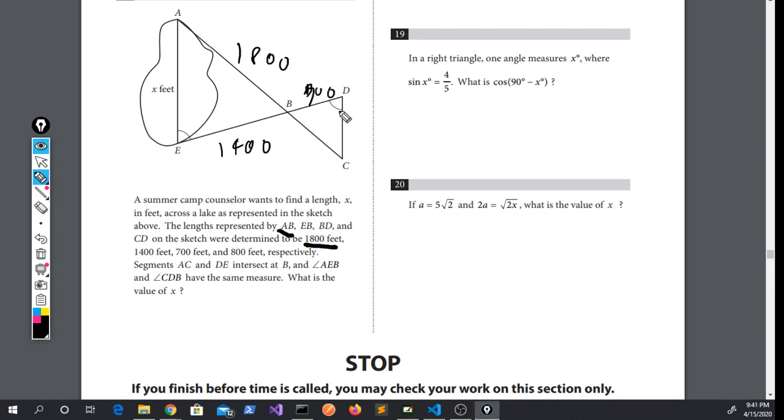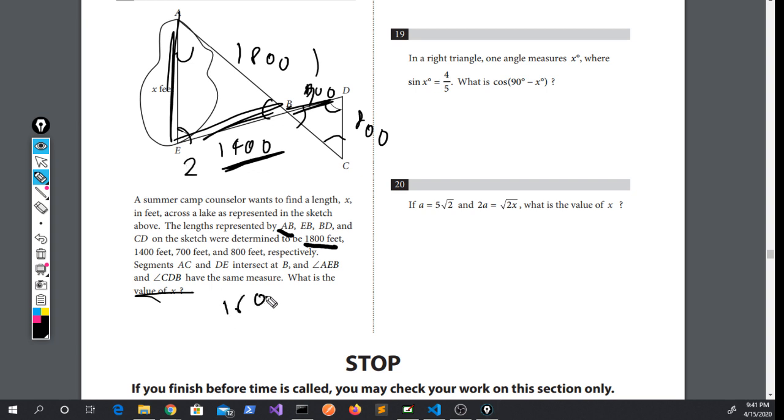CD is 800, and then what is it asking for? The value of x, this one, right? So this has the same angle, this has the same angle, then obviously this has the same angle, meaning these two are similar, right? So this segment is similar to this segment. This is 2 to 1, so the answer is 1600.